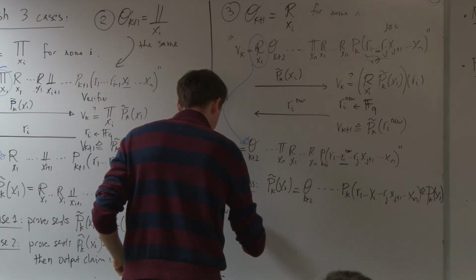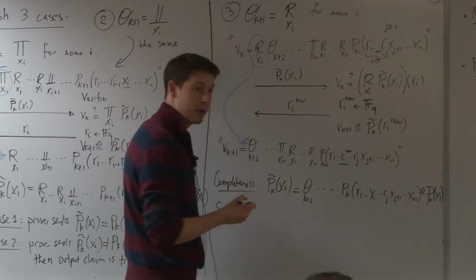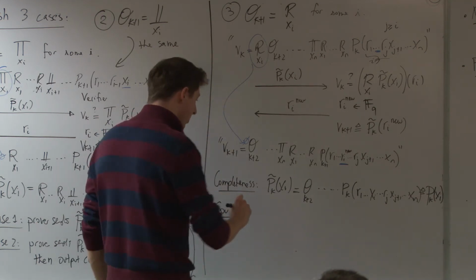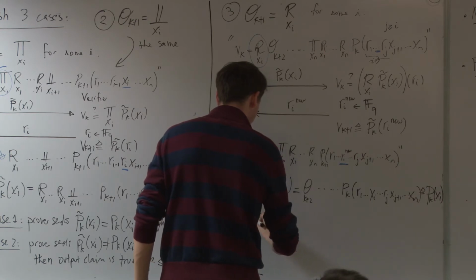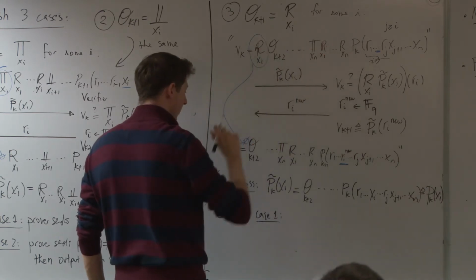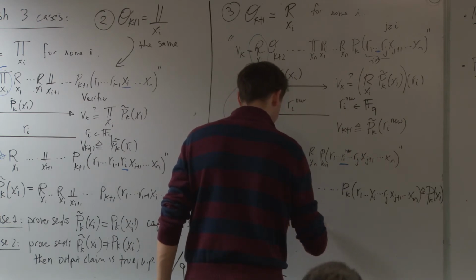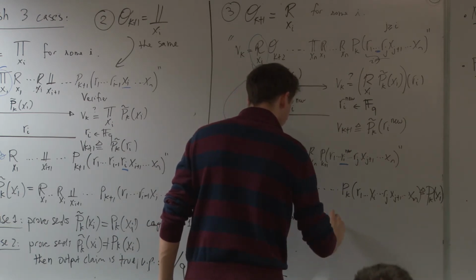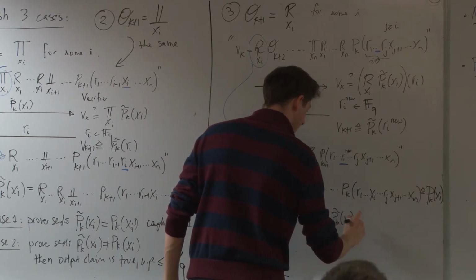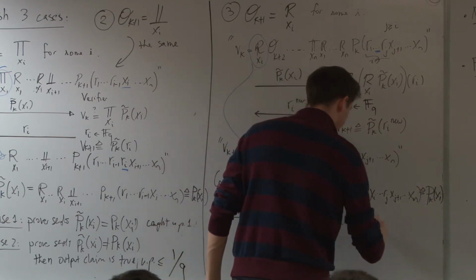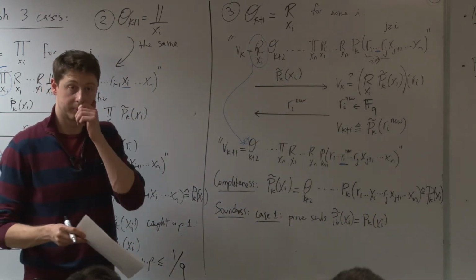Soundness. Okay, so like before, we have two cases. Either a prover, fully knowing that the original claim is wrong, will still decide to send pk tilde xi that equals pk xi. Then what will happen?